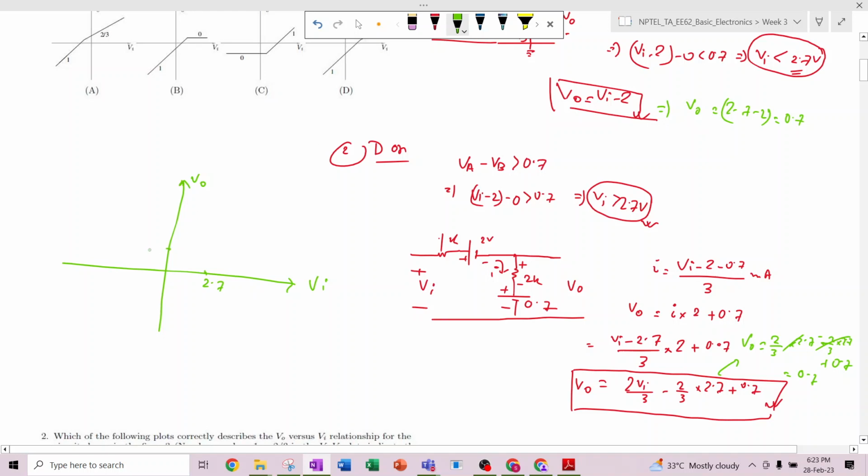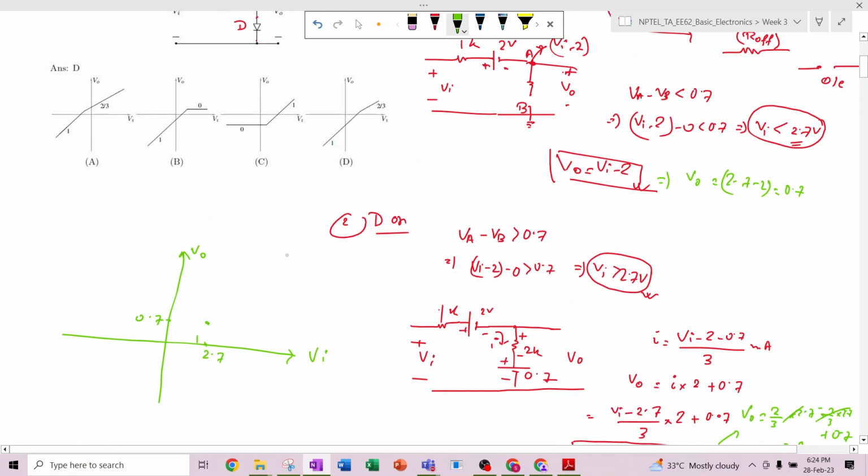In the first case, if Vi is less than 2.7, then the equation is VO equal to Vi minus 2. This is the case where the slope is 1, because VO is 1 into Vi, so the slope will be 1.